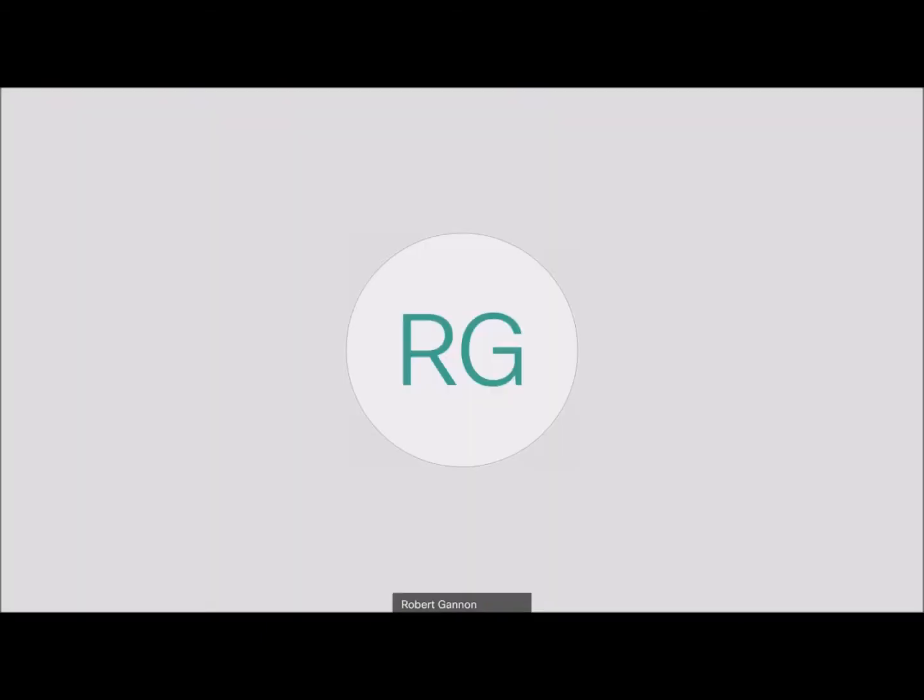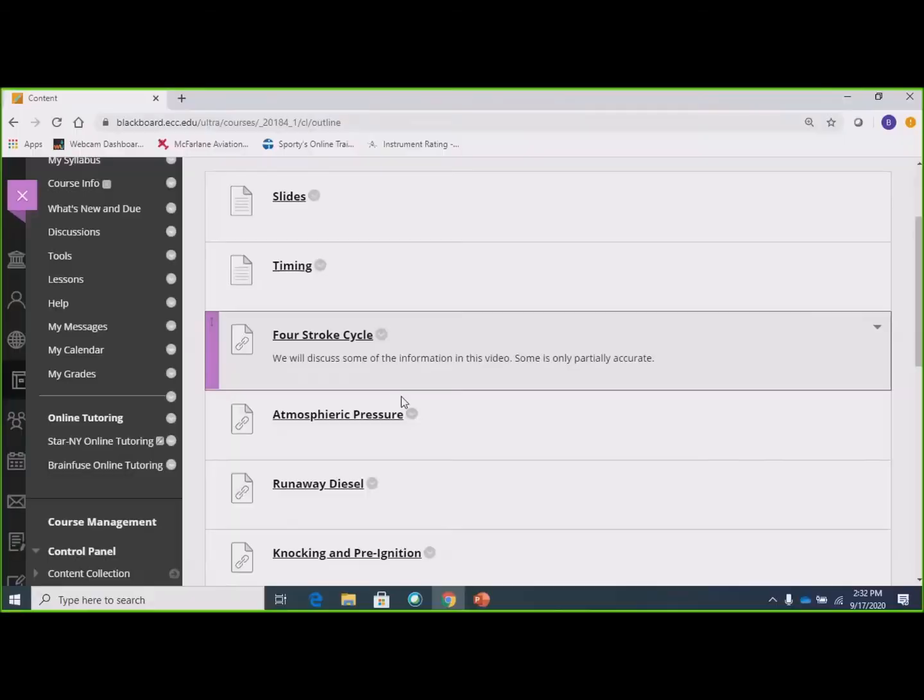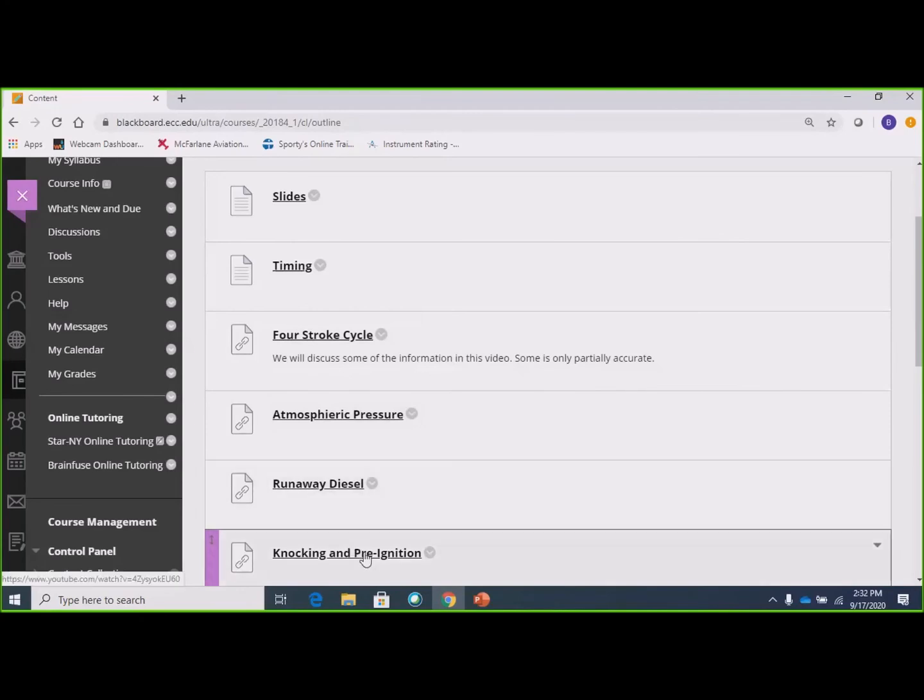So if you have low octane fuel, or lower than it calls for, or if you've got hot spots in the cylinder, glowing carbon, or a spark plug that's the wrong heat range. As the semester goes on, all of these things are going to be brought up. So let me turn me off here and go back to our blackboard and look at knocking and pre-ignition.